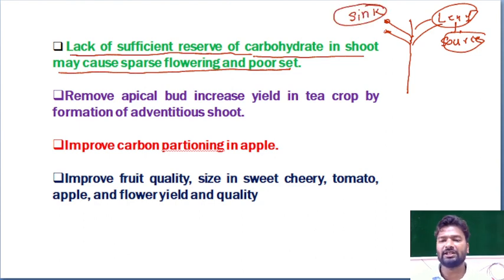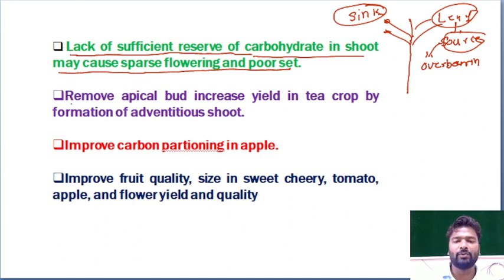So there is a relation between the source and sink tissue. If there is a smaller number of sources, why? Because of overbearing. Then it also affects your sink tissue, so it is possible that your flowering and fruit setting will be less.